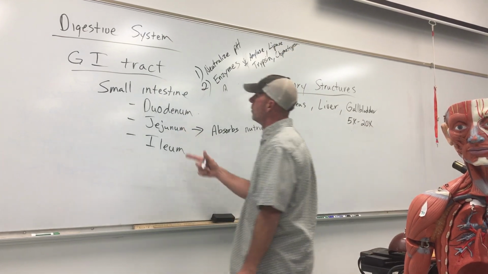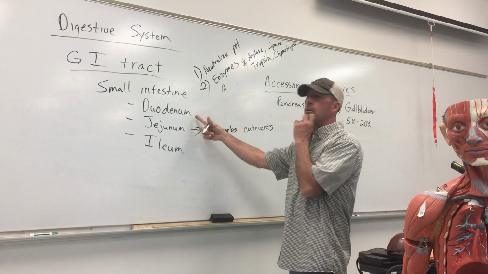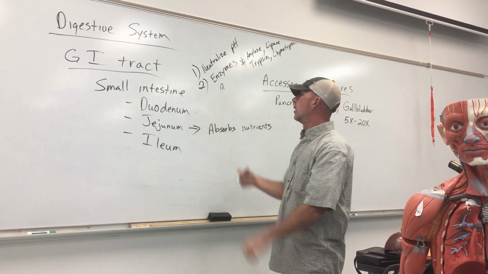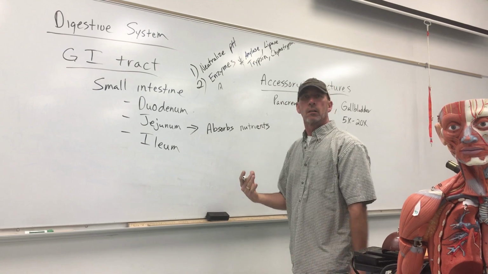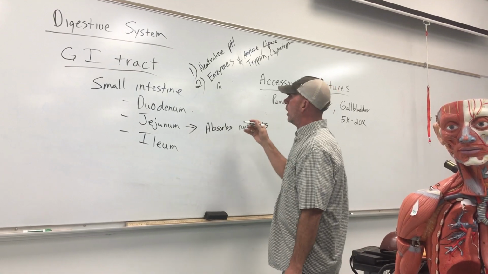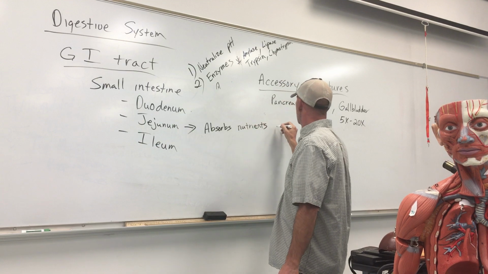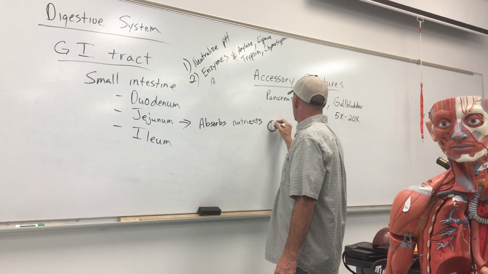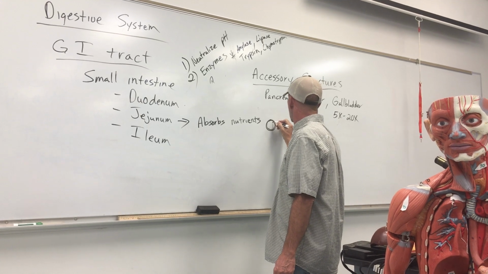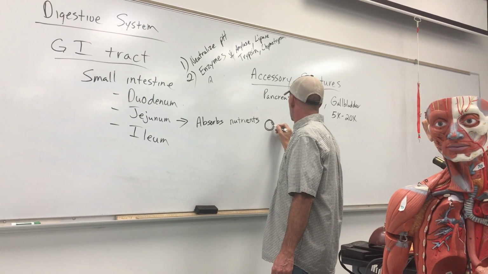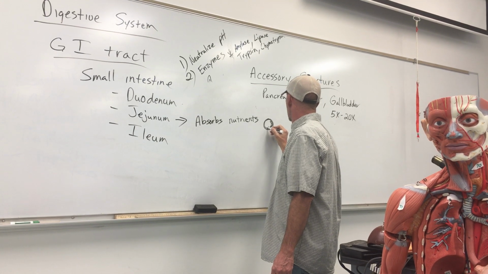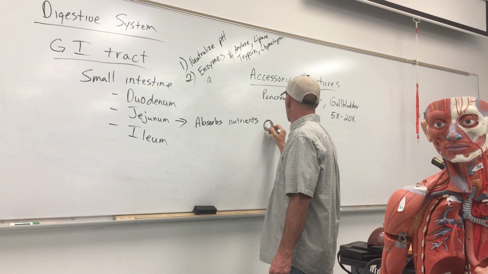Now, the jejunum looks a lot different than the duodenum if you look at it histologically or even at a macroscopic level of the organ. When you look at the jejunum, it has, extending into the lumen of this tube, these little finger-like projections that we call villi.